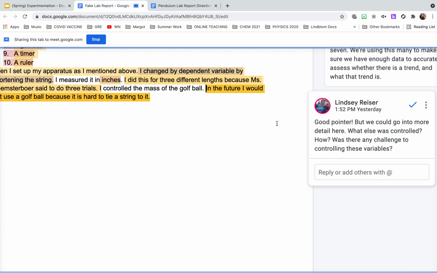How did you make sure that you were dropping at the same angle each time? How did you make sure that the bob's mass was the same each time? Were there any challenges to controlling the variables? Like, why was it that the golf ball was hard to deal with? And how did you fix that? Right? Like, you used the golf ball, you said it was hard, but what? Tell me more about that. Okay?